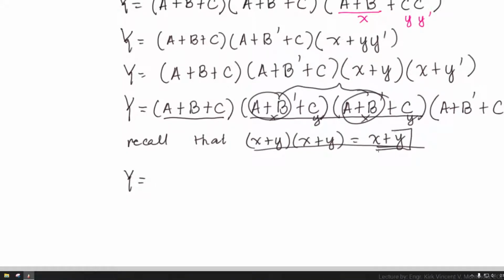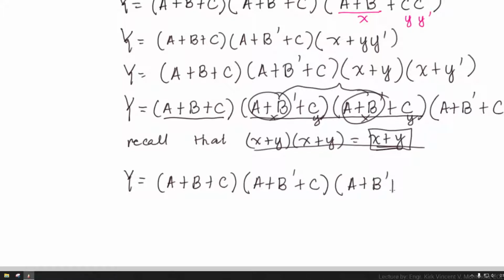So magiging isa lang siya combined. So you have a plus b plus c and then multiplied by a plus b, then c, reduction niya, and then a plus not b plus not c. Okay. So that would be your standard or canonical form.